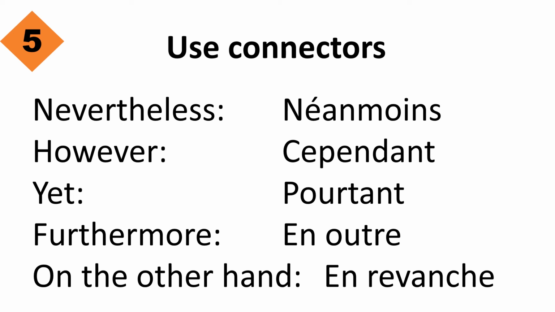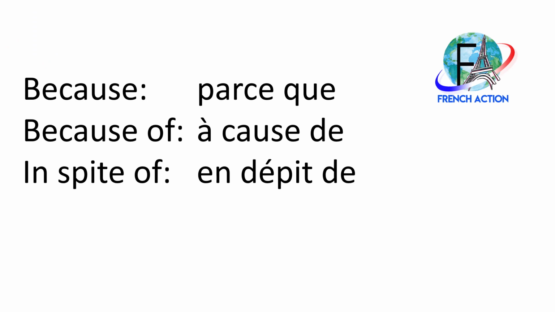So you have nevertheless, which is néanmoins, however, cependant, yet, pourtant, furthermore, en outre, on the other hand, en revanche, because, parce que, because of, be careful, it doesn't start with parce que, it's totally different, it's à cause de, and in spite of or despite, en dépit de.